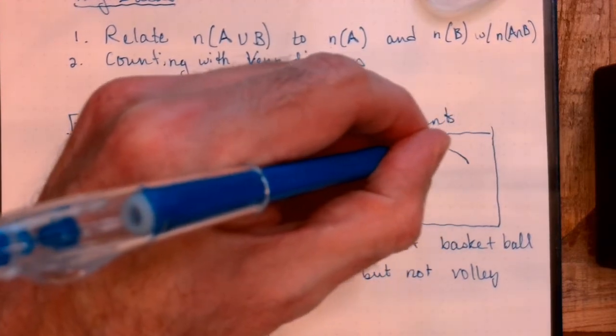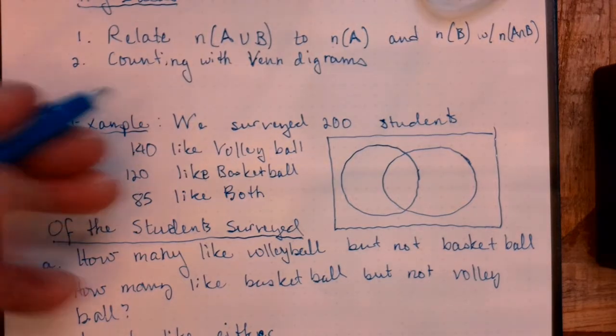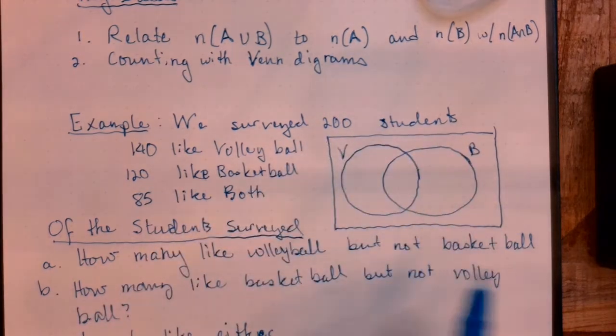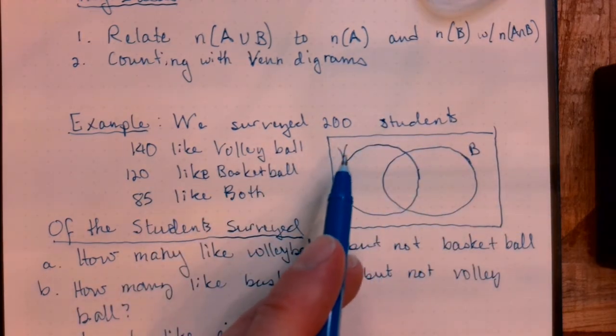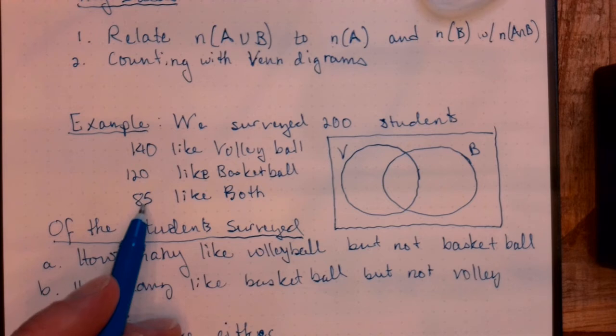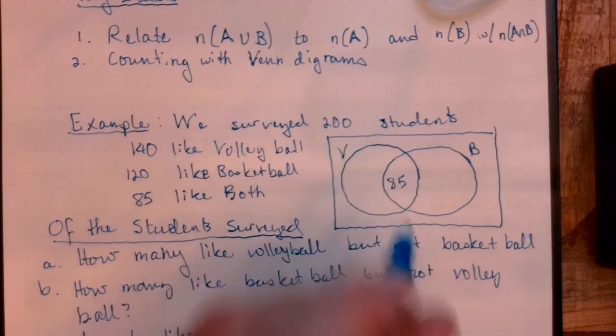I know I only need two circles in this case because they're talking about volleyball and basketball. So this will be a V, and that's a B. V for the students that like volleyball, B for the students that like basketball. Now they tell me 85 students like both volleyball and basketball. So that 85 goes right there.